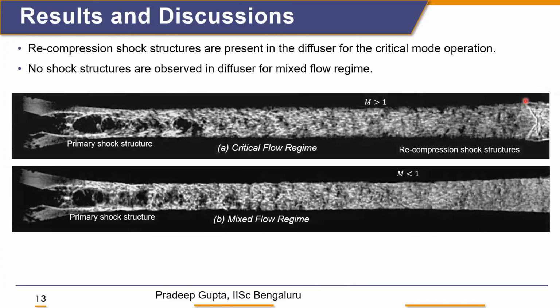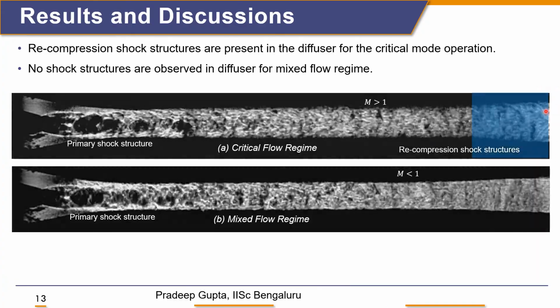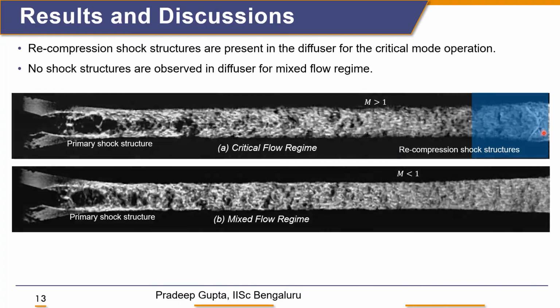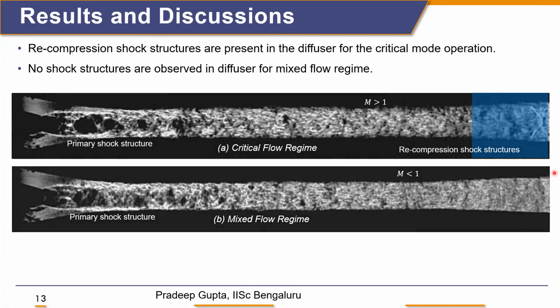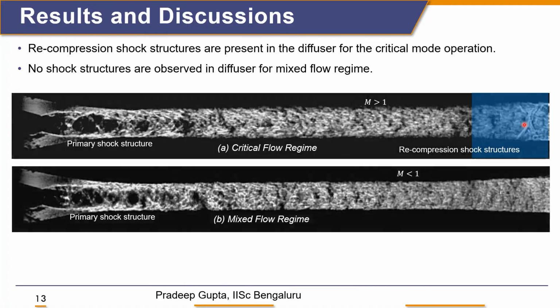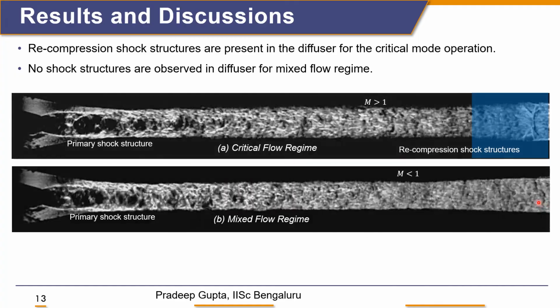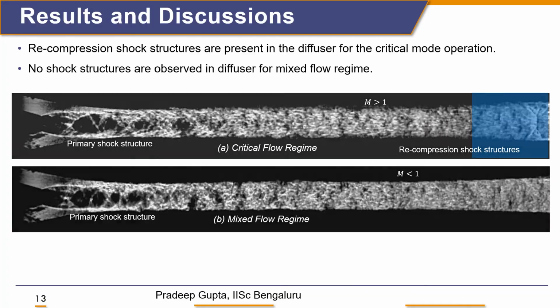We can also see in this region that one kind of shock is moving, which we term as a recompression shock structure, and due to that we can see another dip in pressure for the critical flow region, but there was no dip in the pressure for the mixed flow region, because there is no shock structure present in the diffuser.